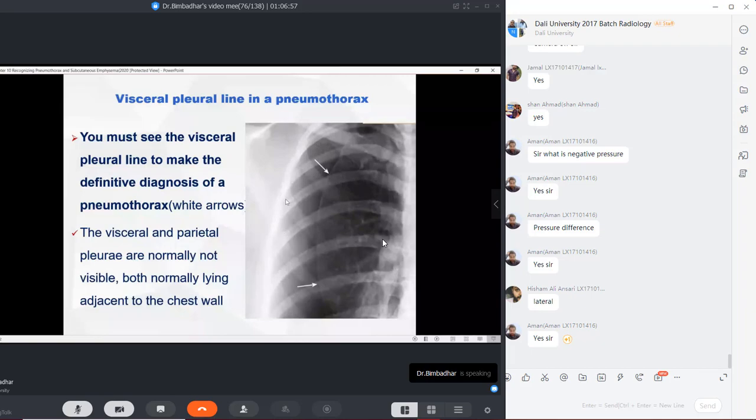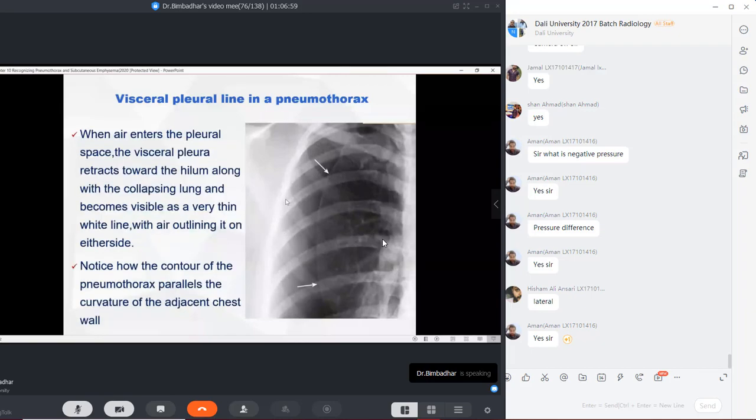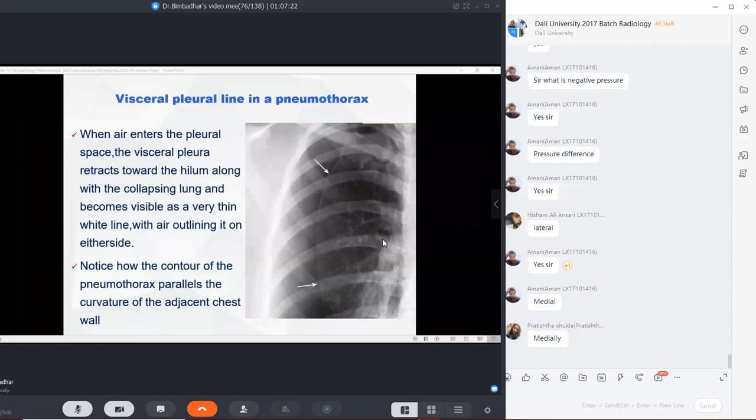Then generally, when air enters the pleural cavity, the lung is pushed to which side? Medially or laterally? Medially.